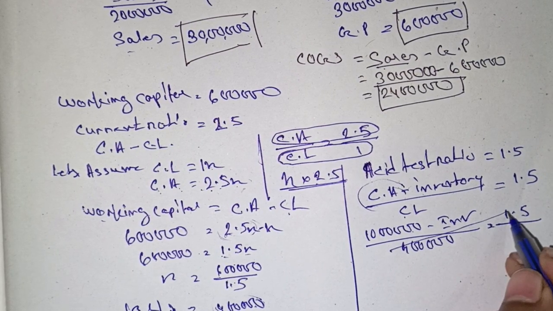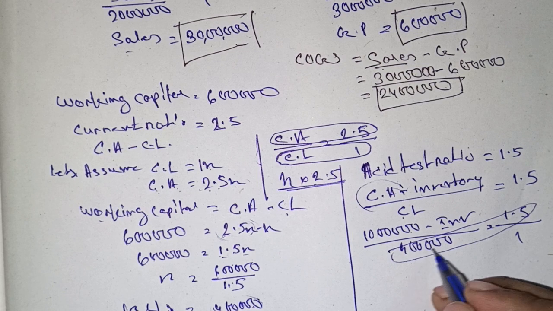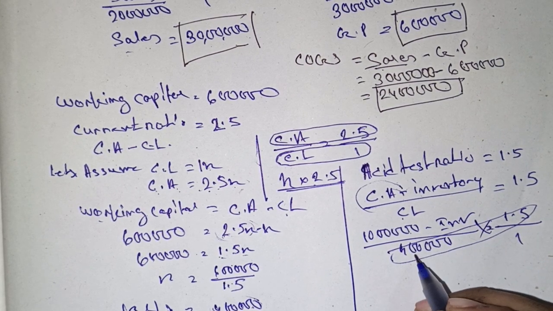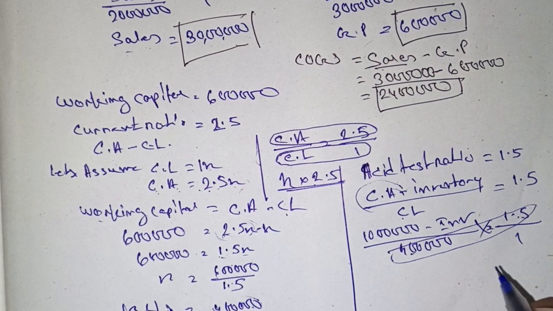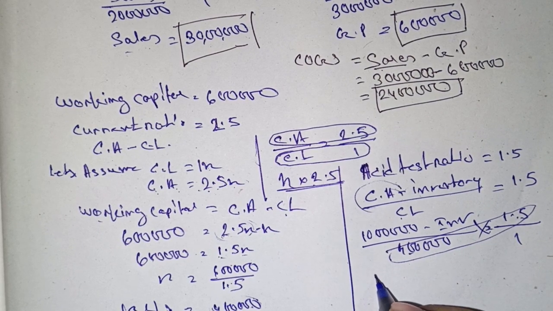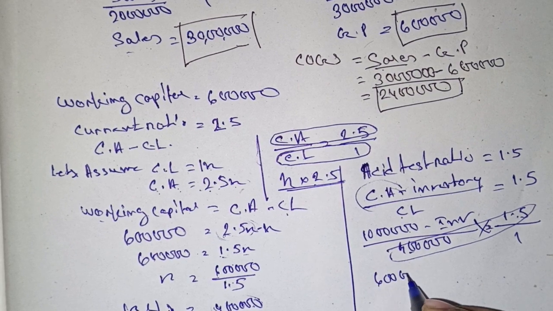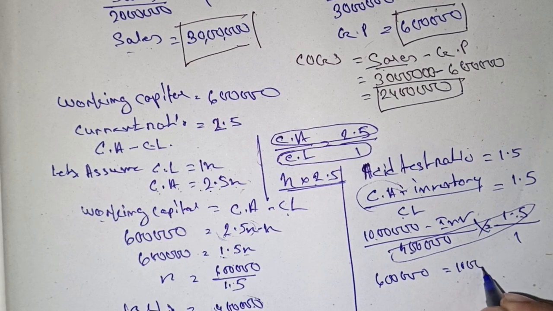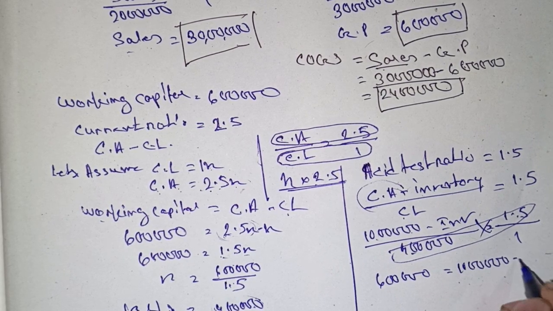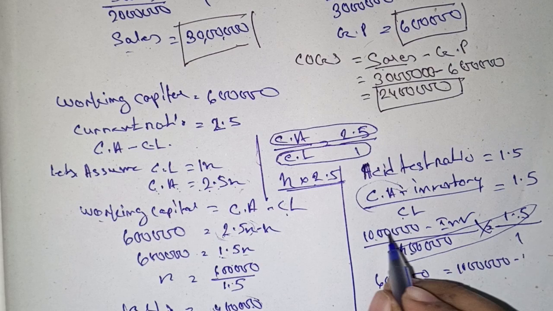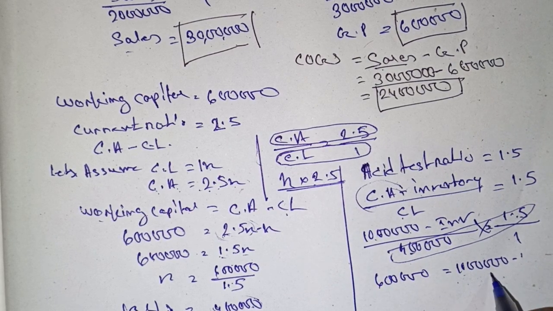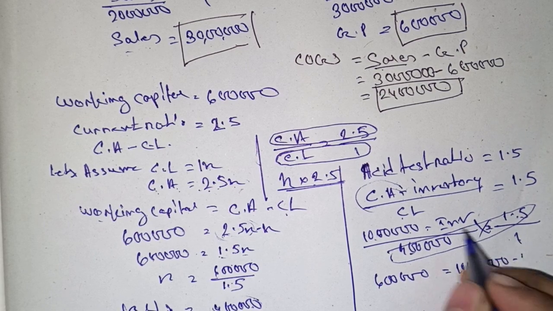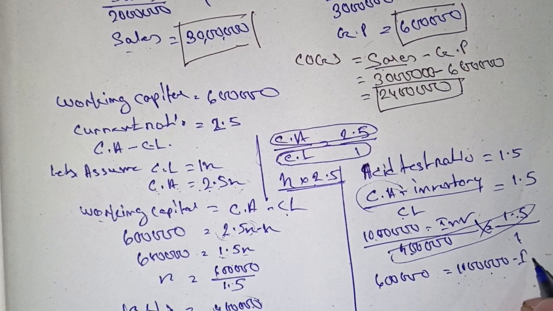So on this side, cross multiplication. 4 lakh multiplied by 1.5 will be 6 lakhs, equal to 10 lakhs minus inventory, because 1 multiplied by 10 lakhs is 10 lakhs, then the minus sign, and inventory multiplied by 1 is inventory.